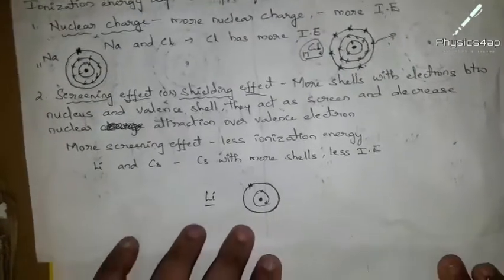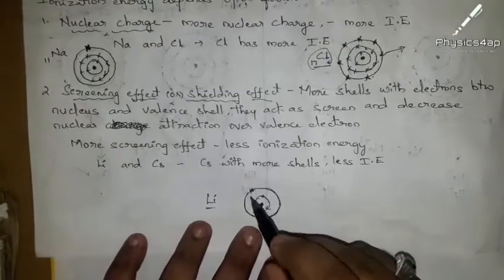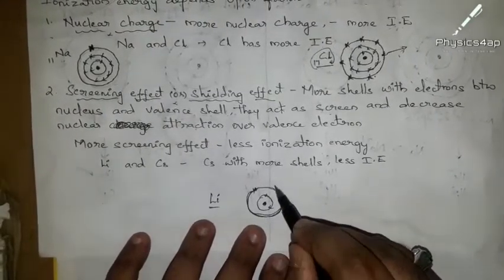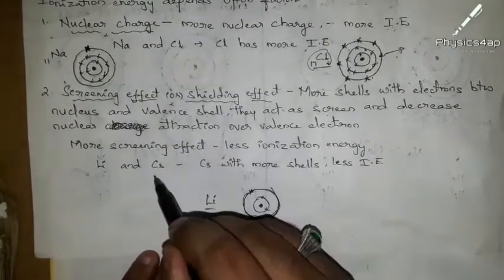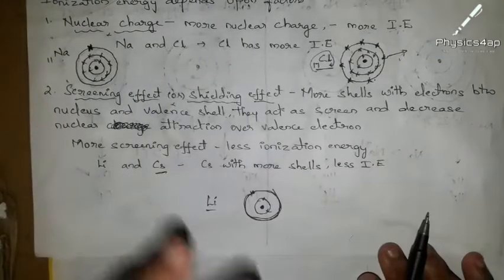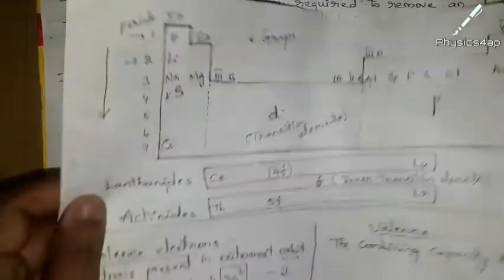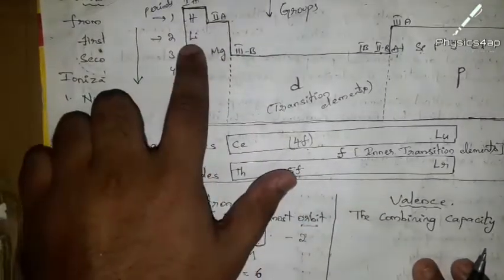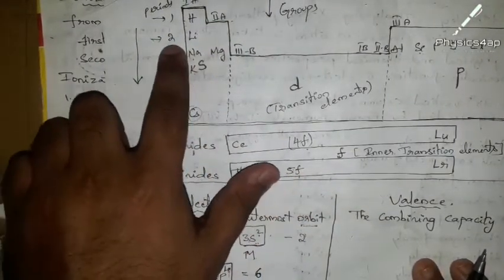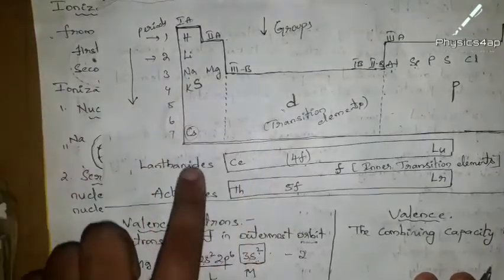But when coming to cesium, when we see the periodic table, lithium is present in the second period, so 2 shells. Cesium is present in the 7th period, which means it has 7 shells. So we have to draw 7 shells for it.